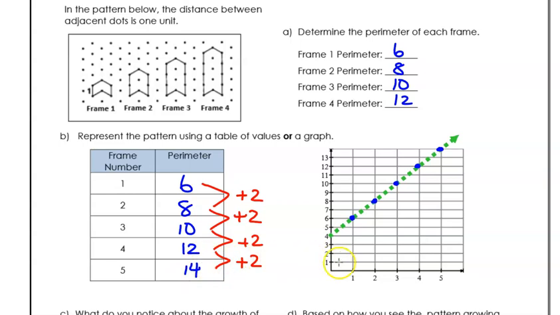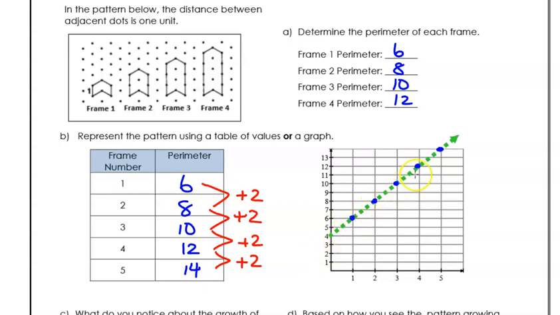Now we could also draw that on a graph where you put, say, this coordinate, the first frame number of a perimeter of 6, and then do each of the following dots, and you'll notice that you get a linear, so a straight line relationship. In that if I just continued the line of best fit, which notice that you have an arrow this way, it keeps going this way, not this way because that would be into the negatives, which doesn't make sense in this scenario.